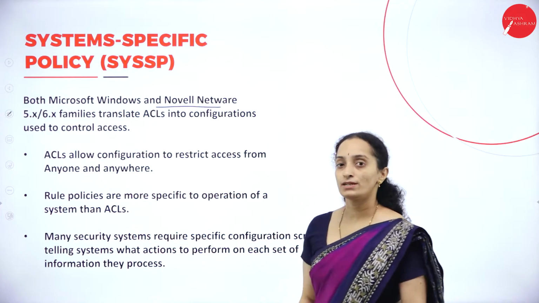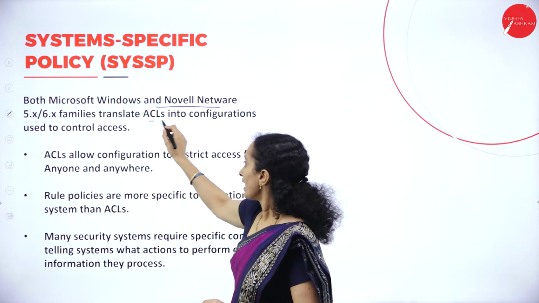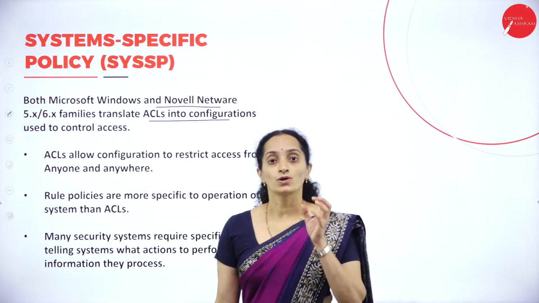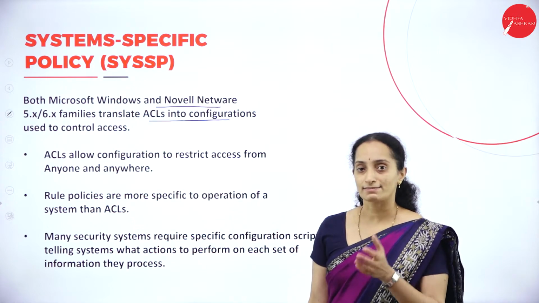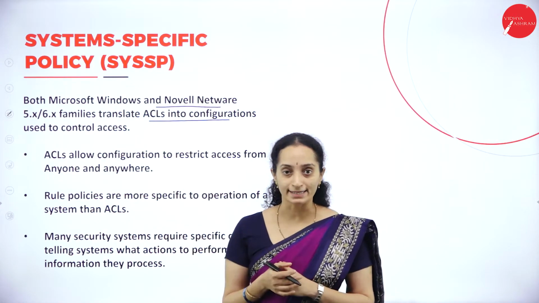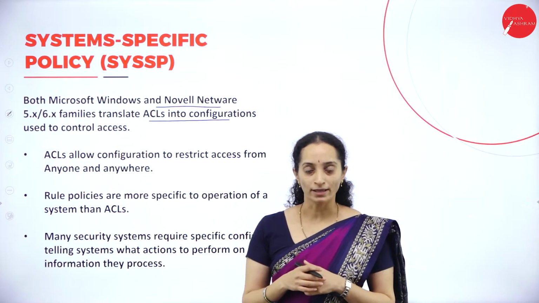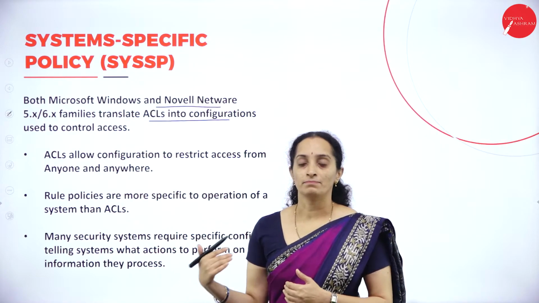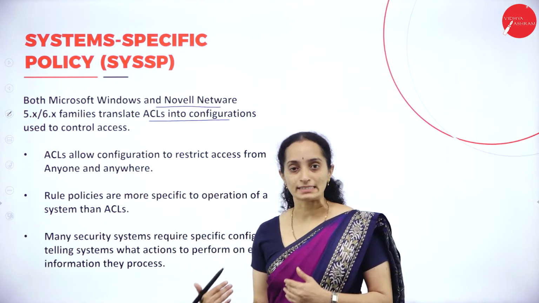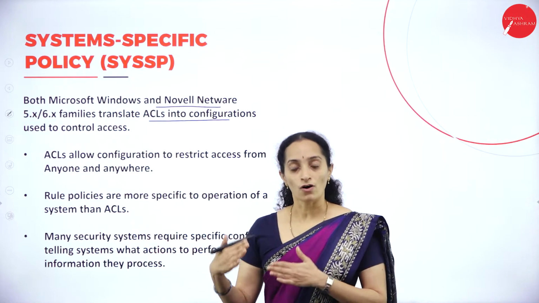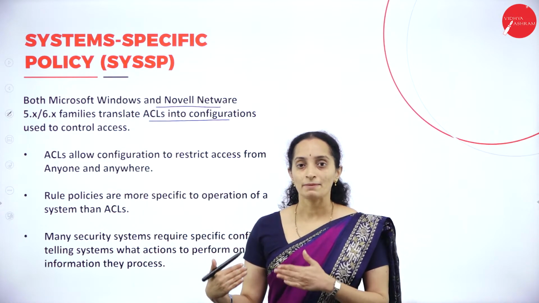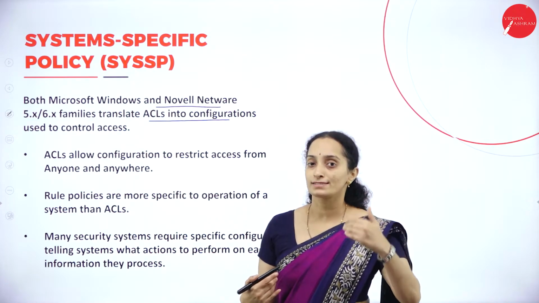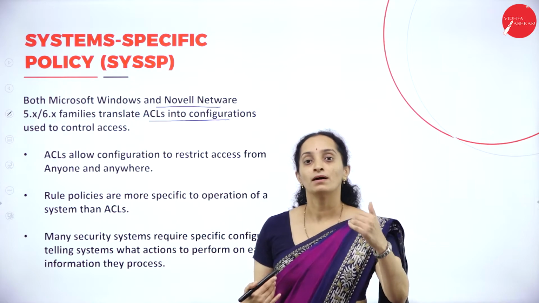Windows and Novell software translate the access control list into configuration to control the access. As I have said in the previous slides, what kind of employee, whether he is a tester or analyzer or a planner, or what kind of designation the person has, according to that designation, a person can access only this much of system configurations or system permissions.